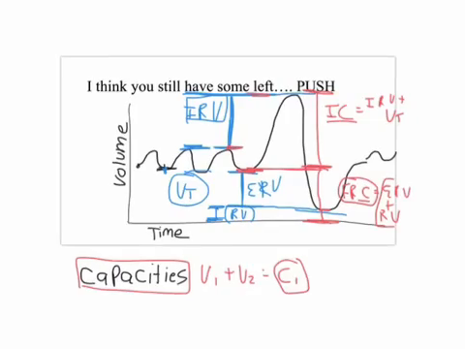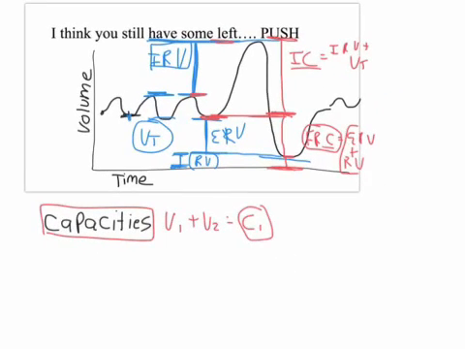And then lastly, there's two more capacities that we'll want to know. If we start off from the peak of this trough, we're going to include this breaking point all the way down past this breaking point, all the way down to everything that we breathe all the way in and all the way out. So in essence, I'm going to drop from here all the way down to here. This is called the forced vital capacity.